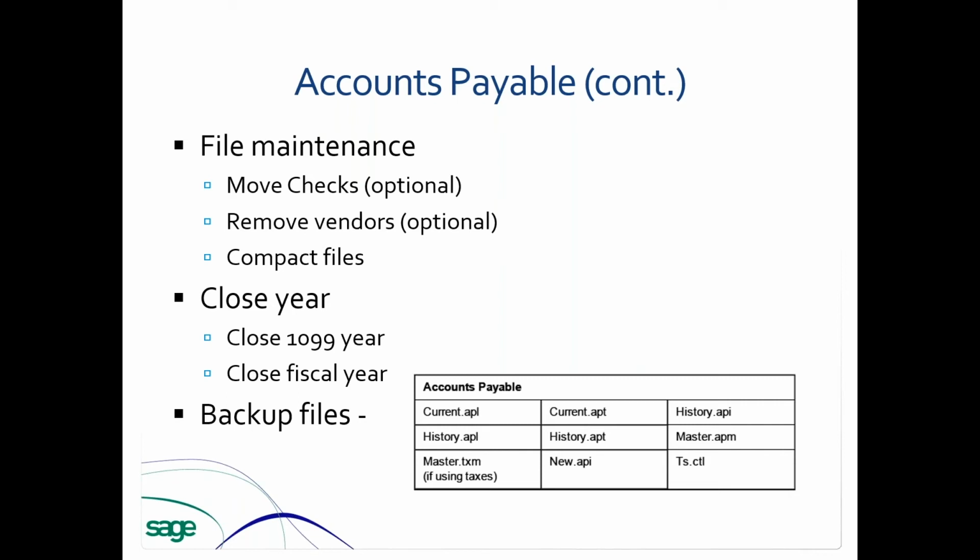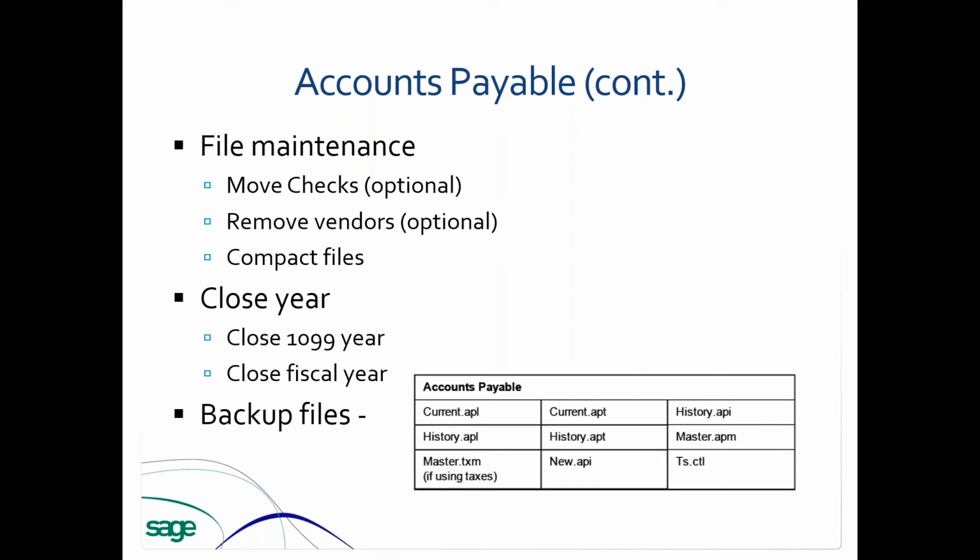The AP vendor master file is not only a master file, but it's also a transaction file. Every time you enter an invoice, it writes a record to that AP master file. Every time you write a check, it writes a check record. The invoices also have distribution records.